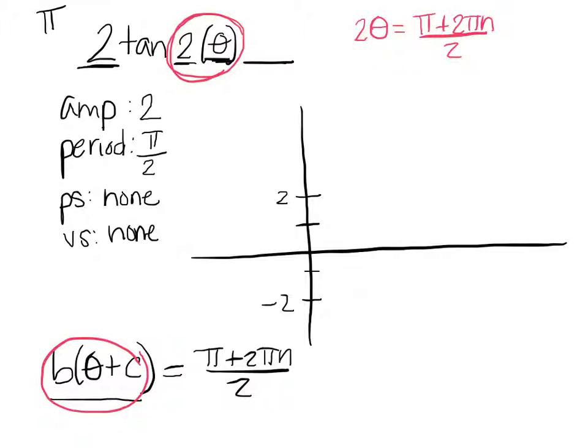Because I already have a fraction over here, I'm going to multiply by the reciprocal, so I'm going to multiply by 1/2. That means theta equals, multiply those together, it's over 4, so it's pi plus 2 pi n all over 4.